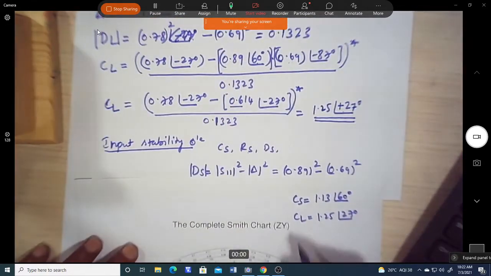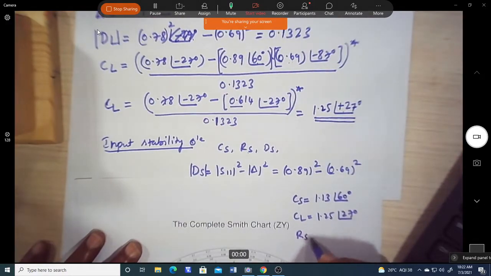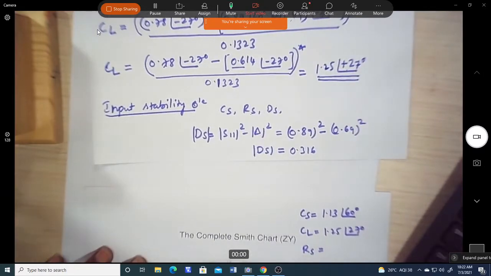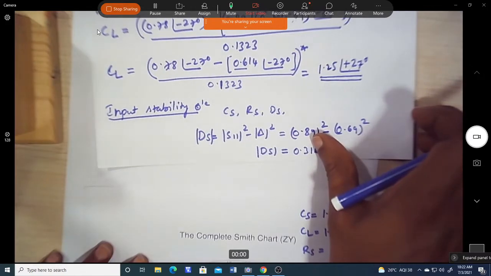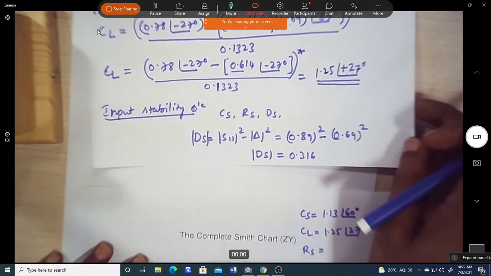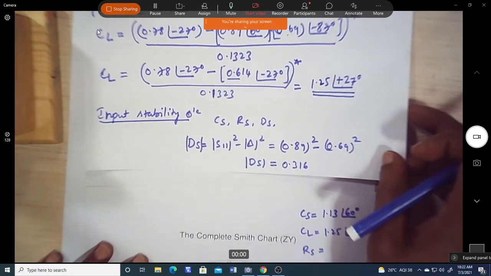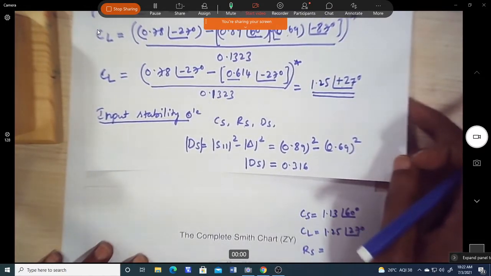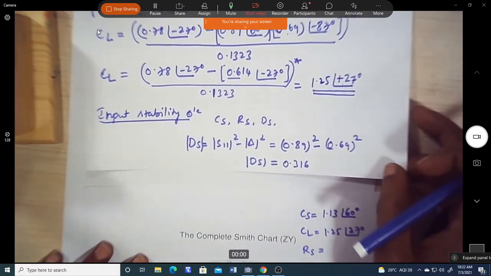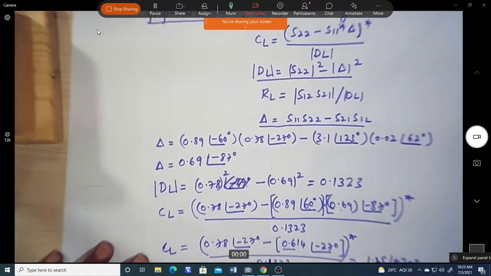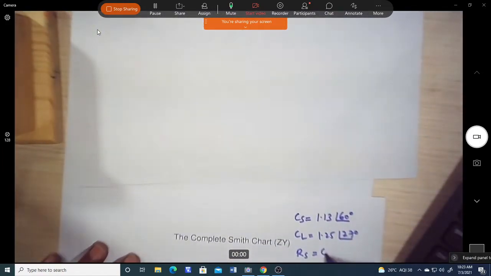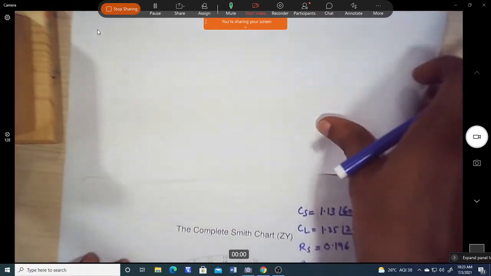Also we need the RS and RL values. RS is 0.196 and the RL value we didn't get.